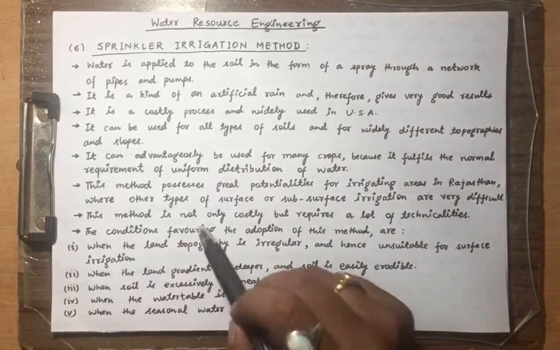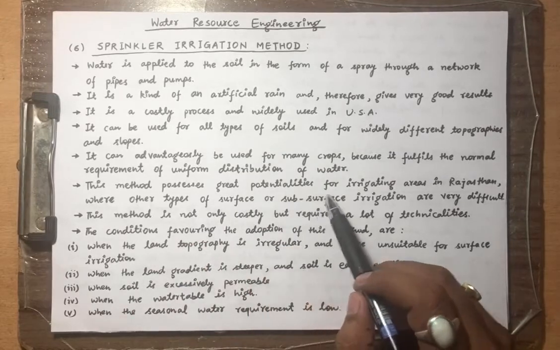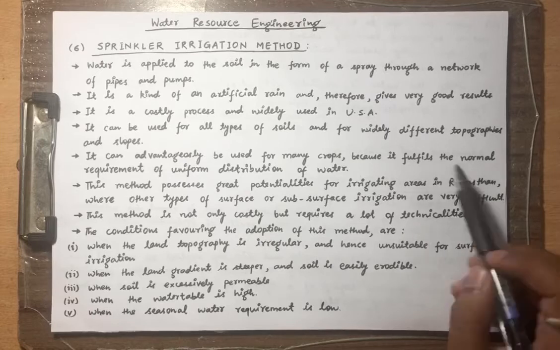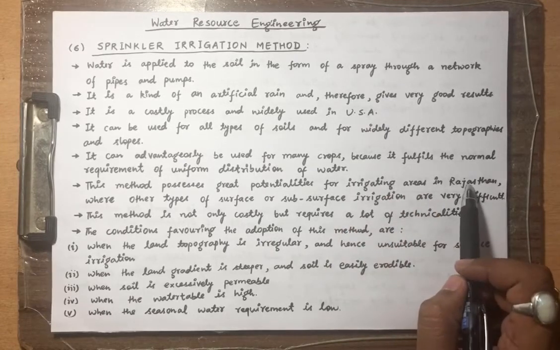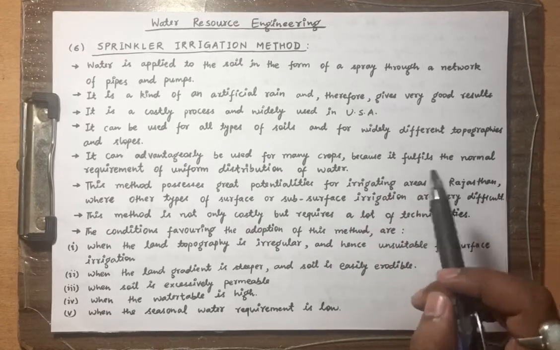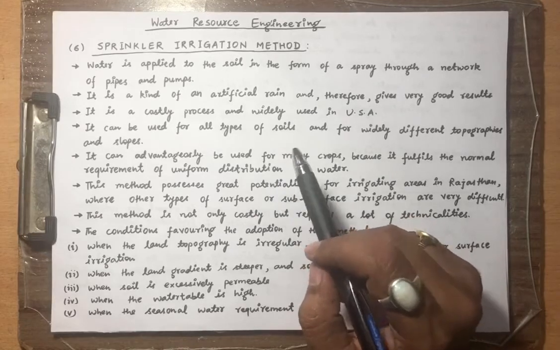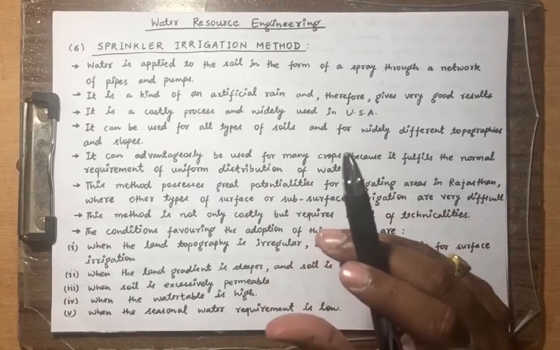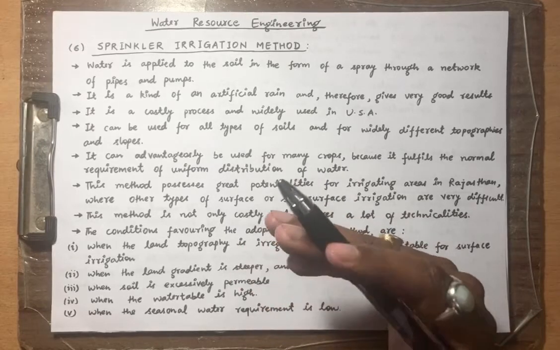And this method possesses great potentialities for irrigating areas in Rajasthan. Why in Rajasthan? Because it receives very less water. In the sprinkler irrigation method, water is not getting wasted. So with less amount of water, we can irrigate more field.